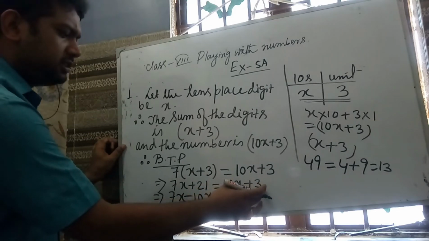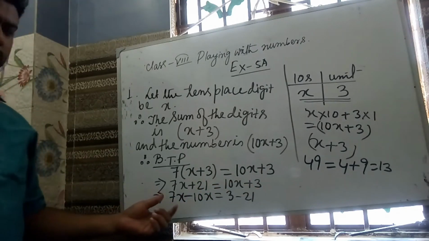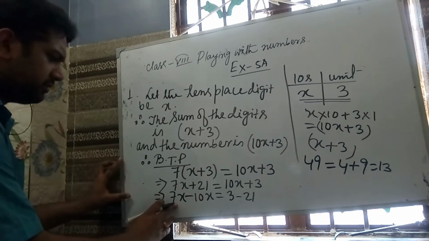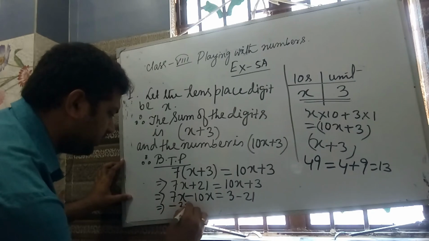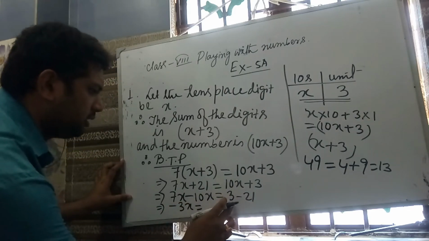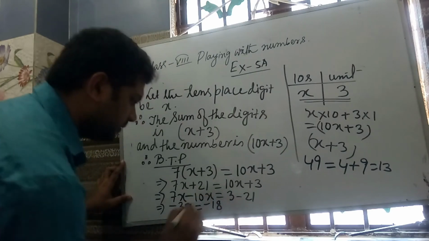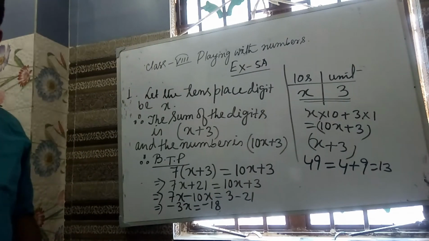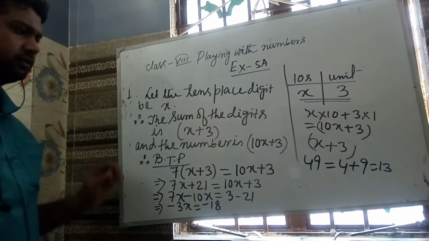We had plus 3 on the right hand side, so we have kept it as it is. Now calculate 7x minus 10x, that implies minus 3x equals 3 minus 21, that is minus 18. Okay, minus 3x equals minus 18.